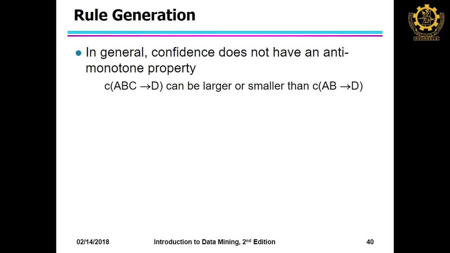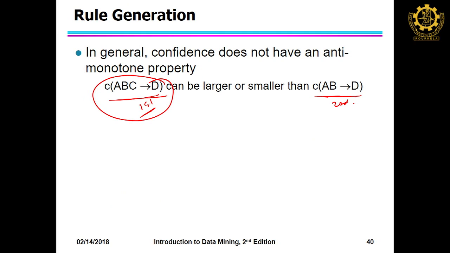That means, if the support of A, B, C to D is greater, the confidence can be larger or smaller than this one, because this is a superset of that one. So, this superset's confidence can be larger than the smaller one. So, we cannot ignore that.